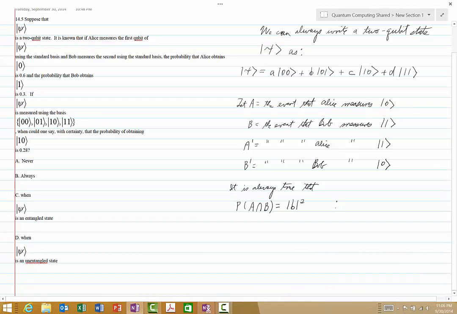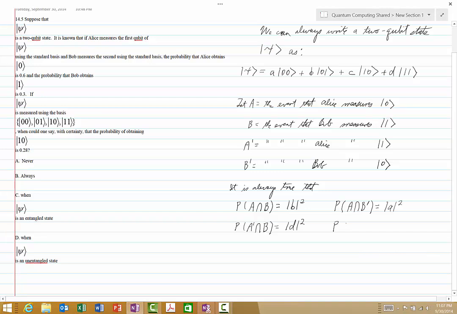Similarly, if we had instead wanted to calculate some other pair of events, say perhaps A and B prime, well, that's the probability that both measure 0, and that would be the magnitude of A squared. The probability of A prime and B, that's the probability that both measure 1, and the probability of that would be D squared.